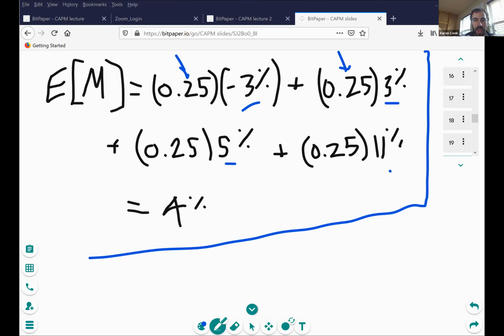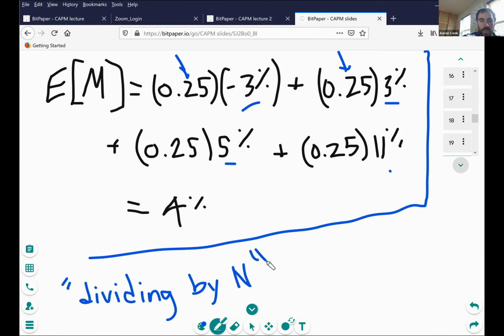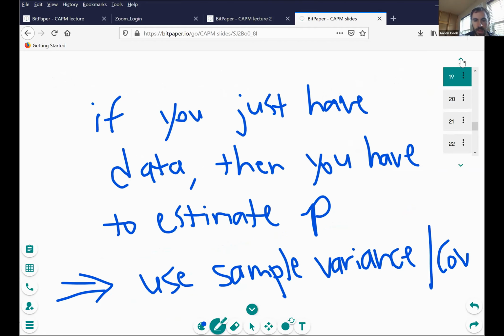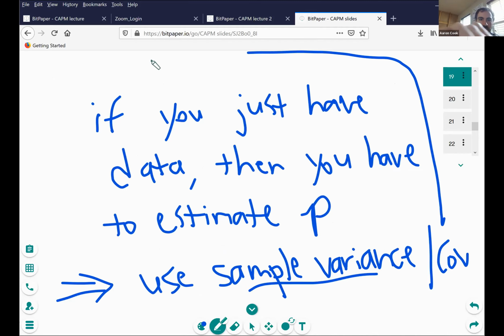We divide by n. Yeah, so this is implicitly dividing by n, because we have 4 observations and we're assuming that they're all equally likely. So we're multiplying each by 1/4. But if we use the sample variance, then we divide by n minus 1.